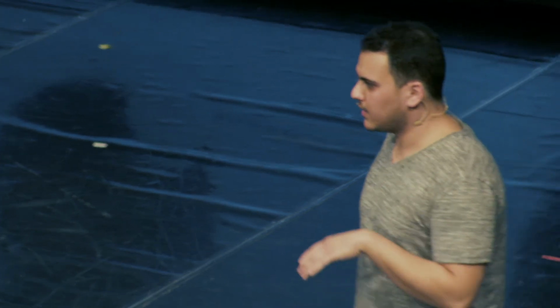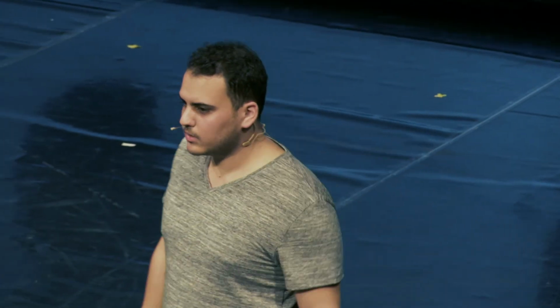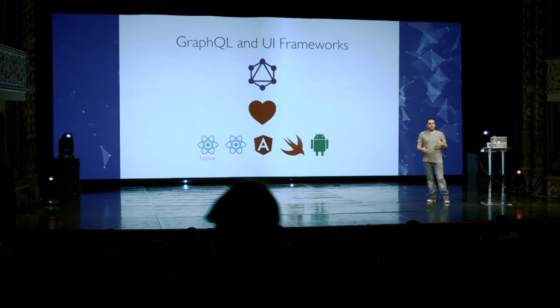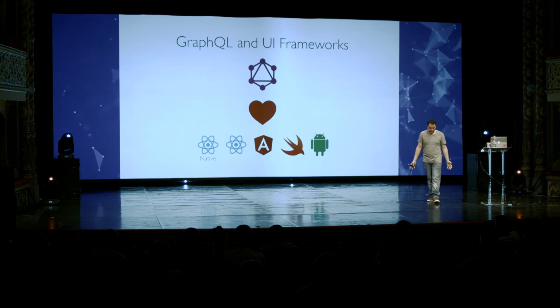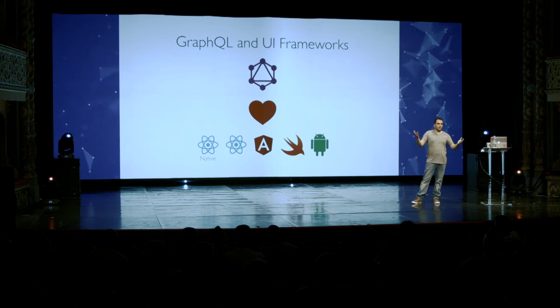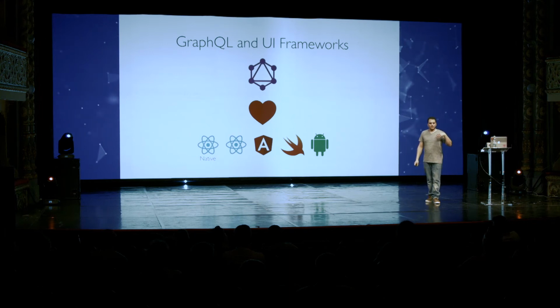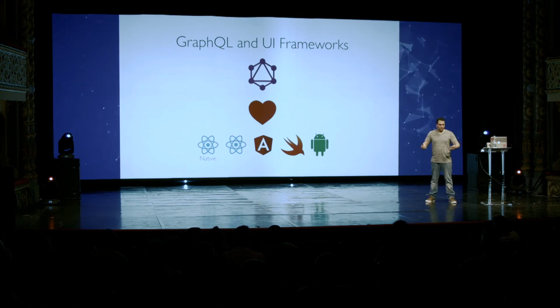The next thing I would like to talk about is UI frameworks and how to integrate them with GraphQL. Usually, when we think of UI frameworks or UI code, we don't always combine the data into our component.